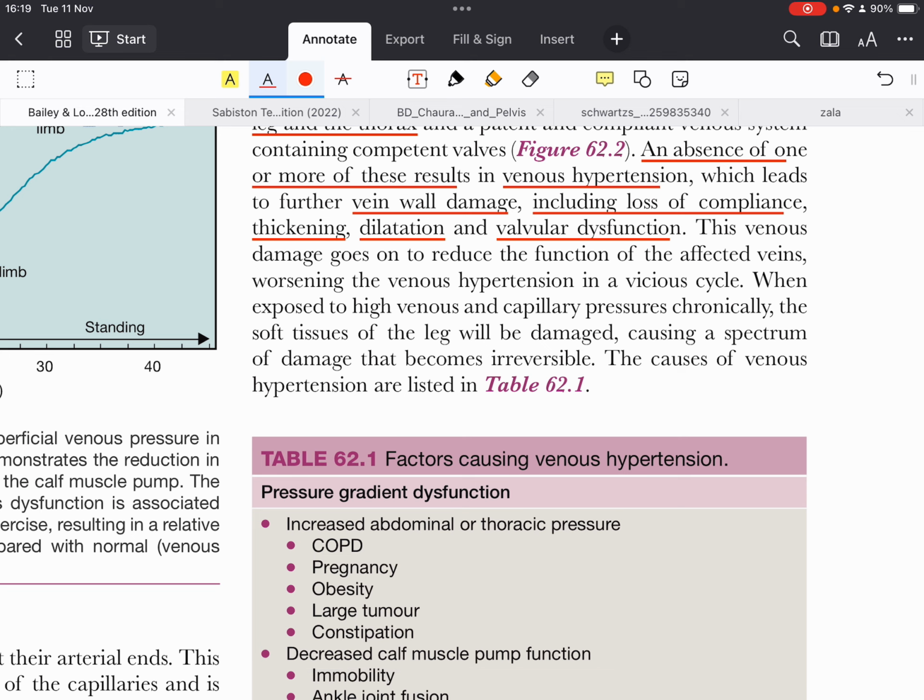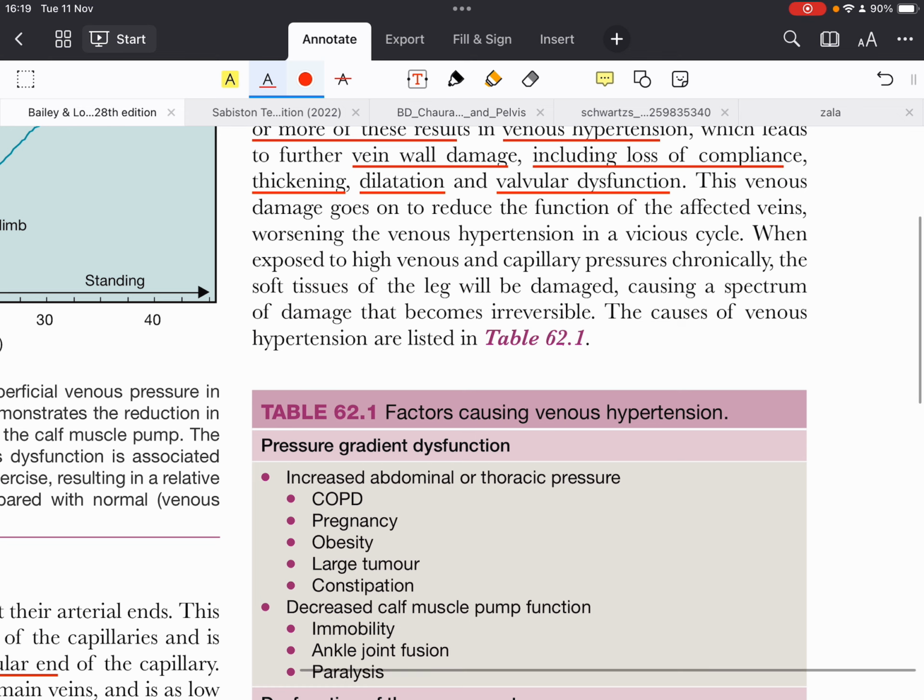This venous damage goes on to reduce the function of affected veins, worsening the venous hypertension in a vicious cycle. When exposed to high venous or capillary pressure chronically, the soft tissue of the leg will be damaged, causing a spectrum of damage that becomes irreversible.